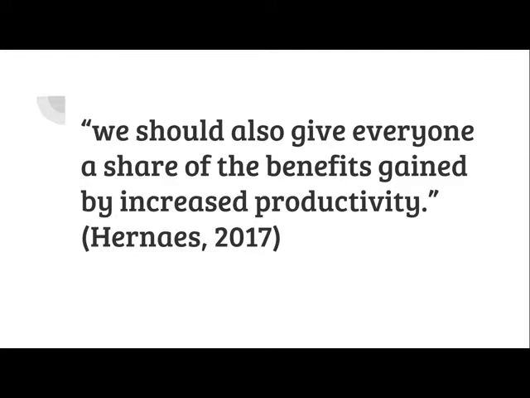Now the key is how do we solve this problem? Harness has a solution, which is redistribution, that is sharing profits. He gives an example of Bill Gates and the founder of Facebook. They donate 99% of their wealth to charities.